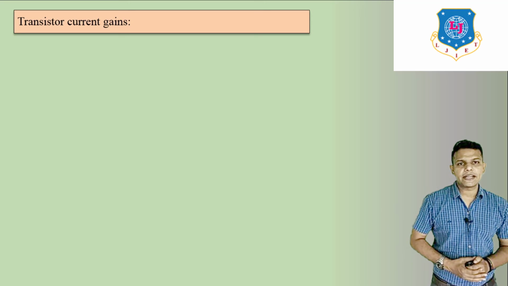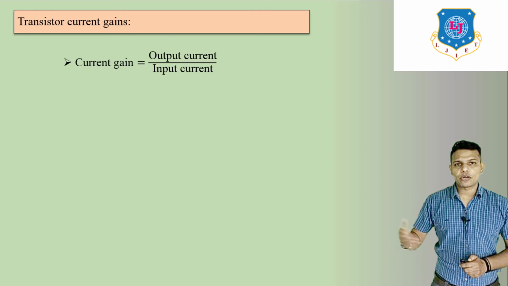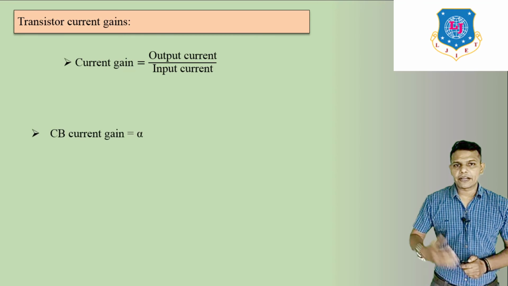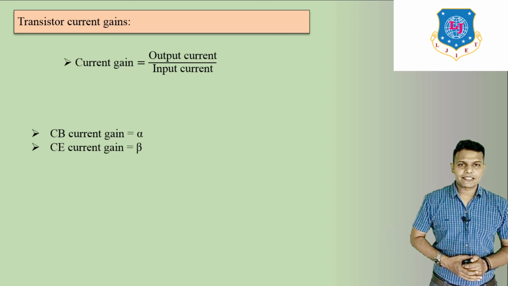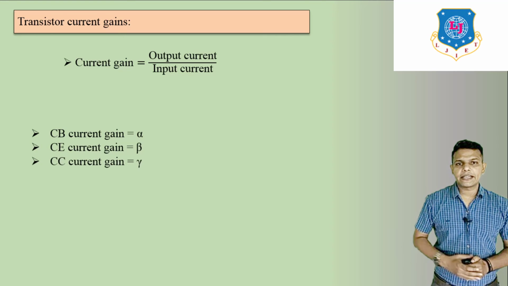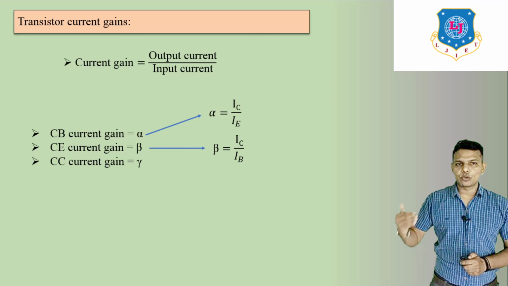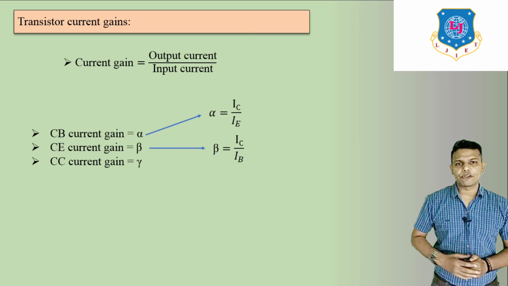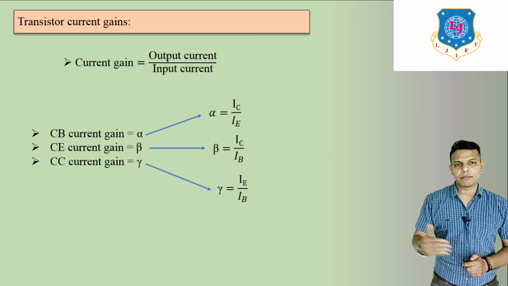Now transistor current gains, as we discussed in our previous topic. Gain means output current upon input current. There are different types of gain: CB current gain, which is indicated as alpha; CE current gain, which is indicated as beta; and CC current gain, which is indicated as gamma. Alpha is equal to IC upon IE, beta is equal to IC upon IB, and today we discussed CC configuration, so its equation is gamma equal to IE upon IB.